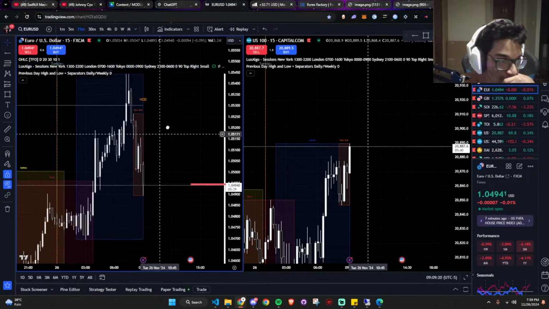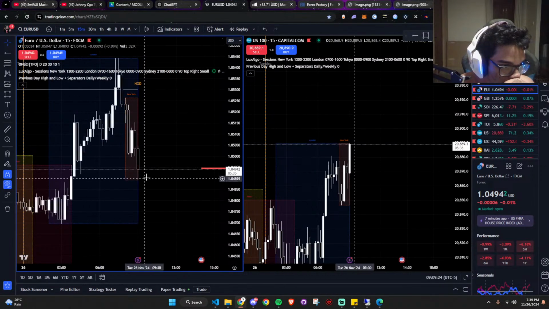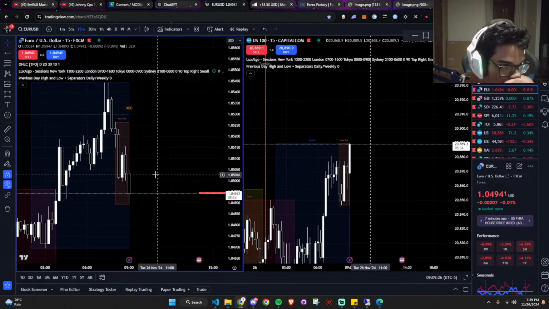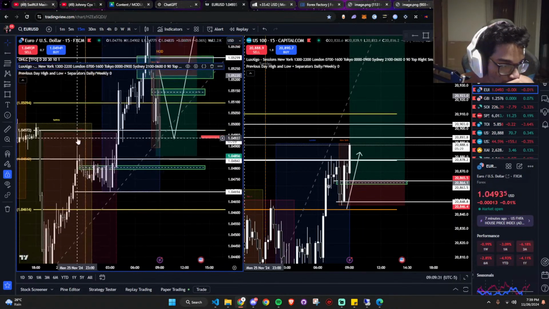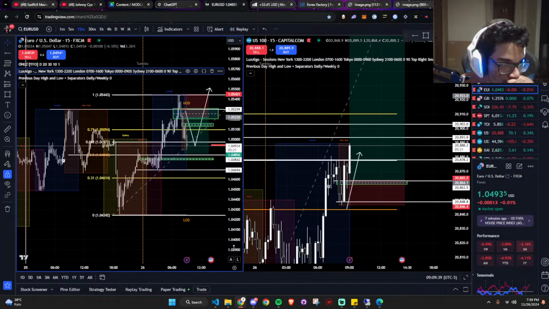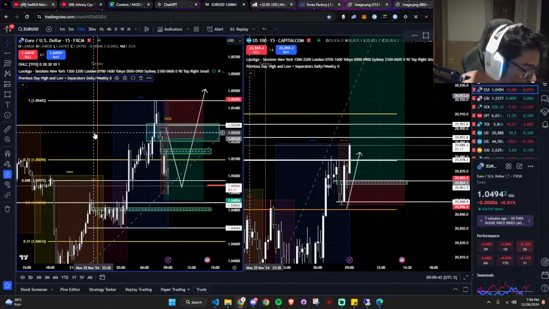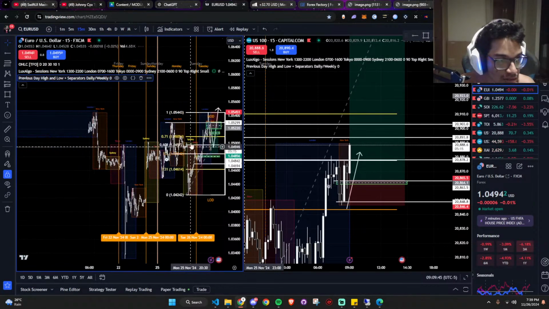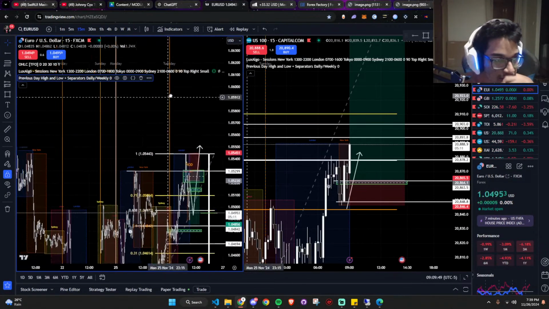There's still a lot of selling pressure, but there's a bit of buying pressure coming in as well. That's from this inducement. But it still has to push to 0.5 in the current dealing range, because the overall market structure is bullish, right? So there's a high probability to hit 1 rather than 0.